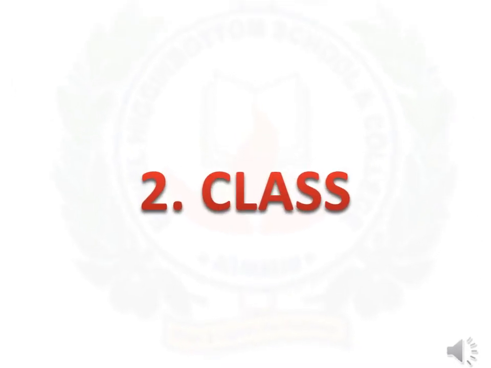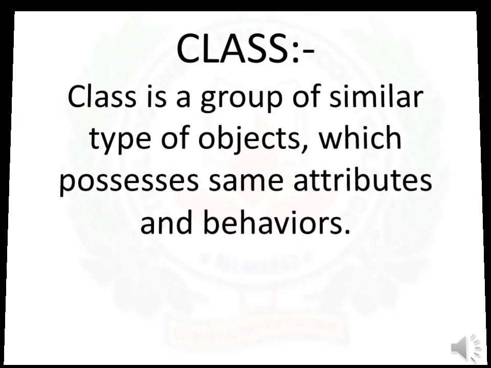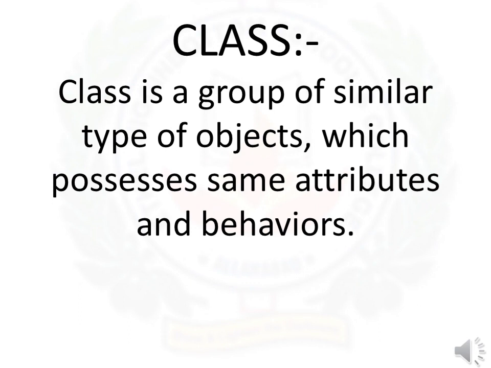Second basic element of object-oriented programming is class. What is class? Class is a group of similar type of objects which possesses some attributes and behavior. The object and the class are the two basic principles of object-oriented programming.